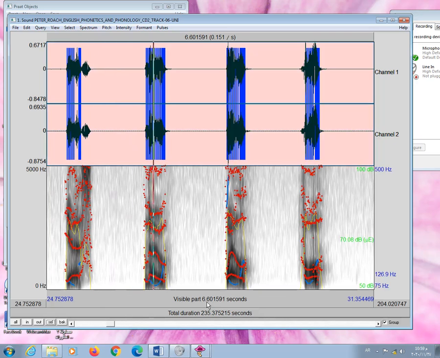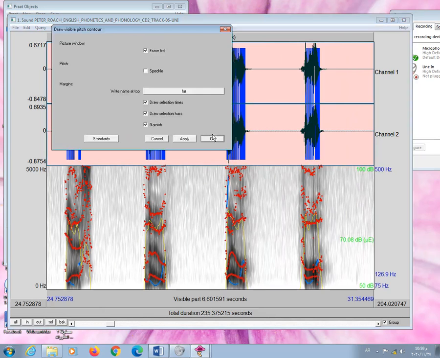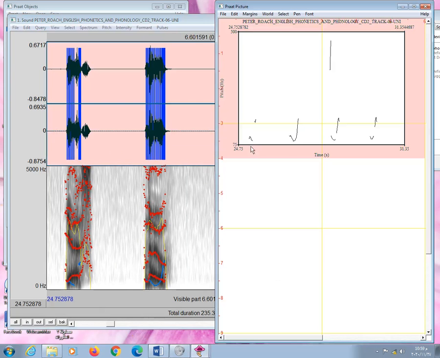No. Well. For. Okay, let's see the pitch. Draw visible pitch. Okay, as you see, we have rising, rising, rising, rising. Yes, no, well, for.